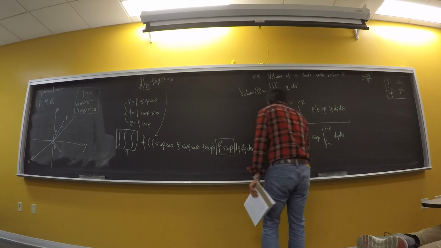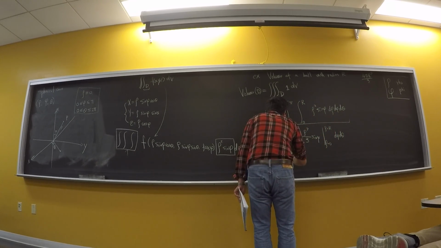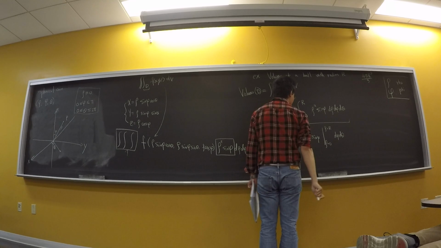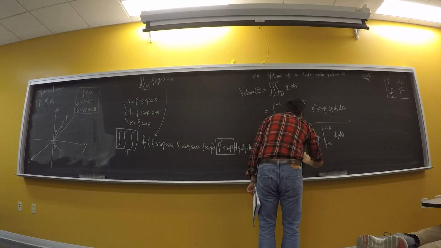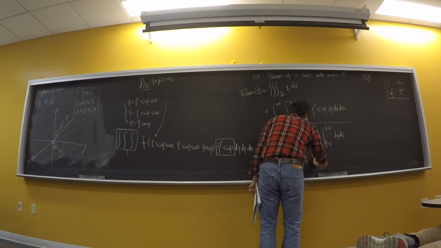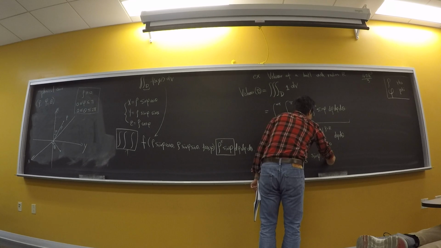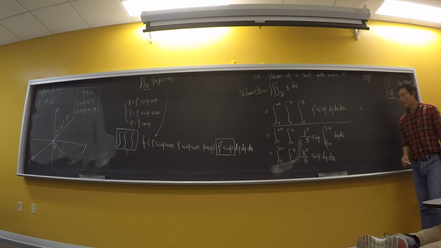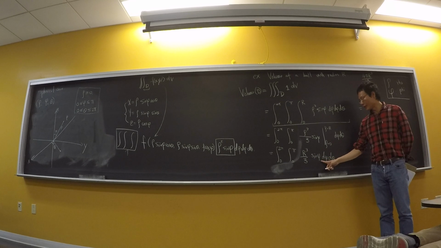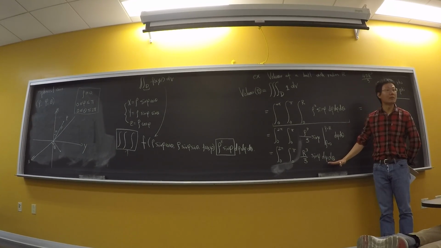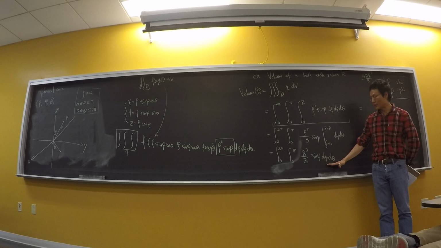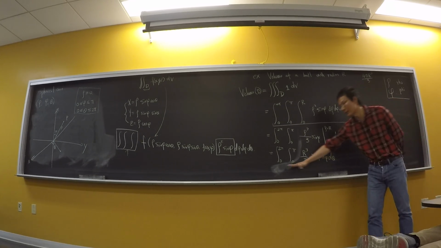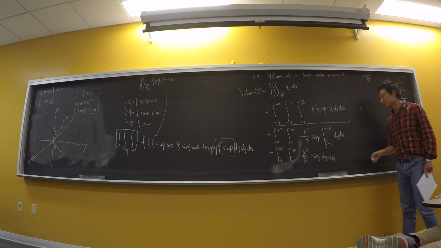Okay, so here I'm getting 0 to 2 pi, 0 to pi, and R cubed divided by 3 sine phi d phi d theta. Phi is going to be the only variable here. After I eliminate the interior integral, I'm supposed to see no rho anymore, so we're happy.